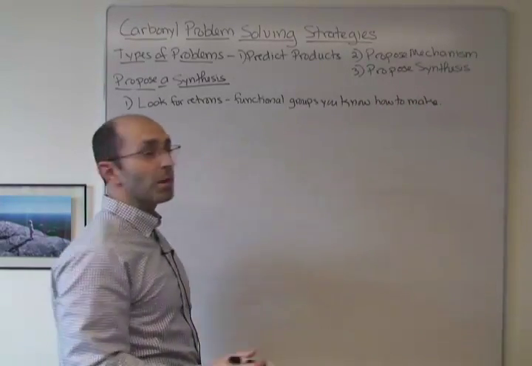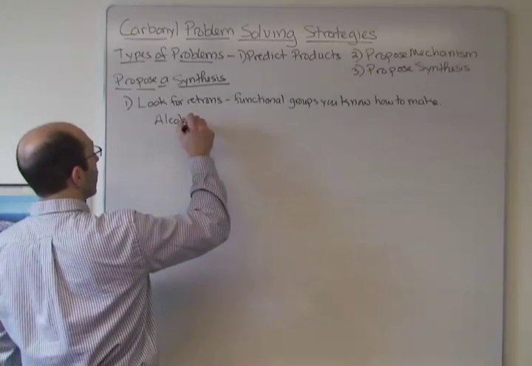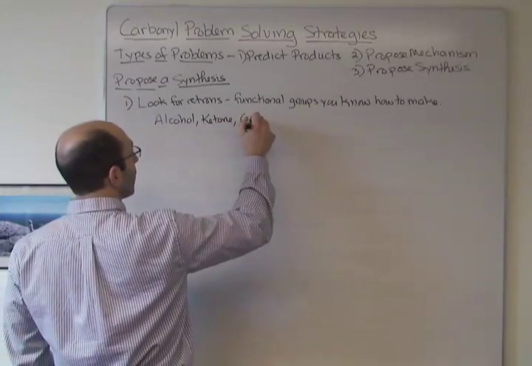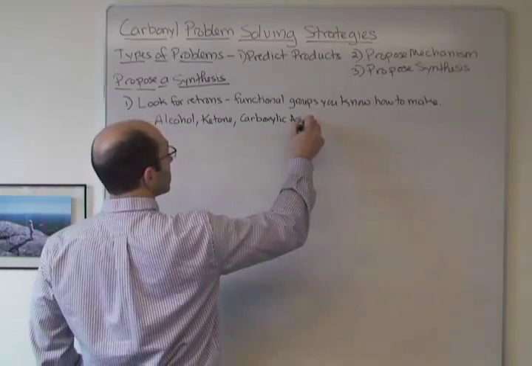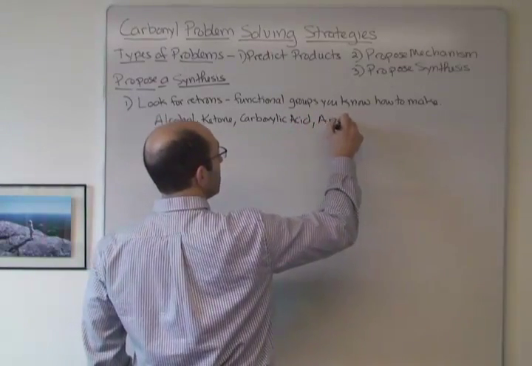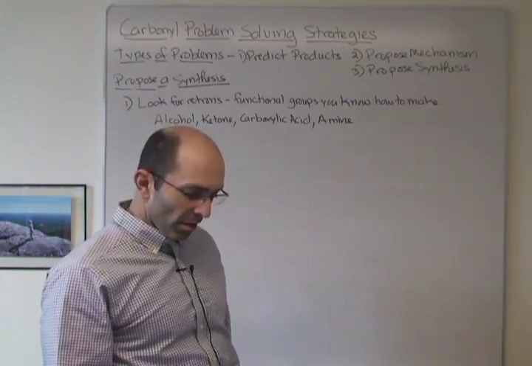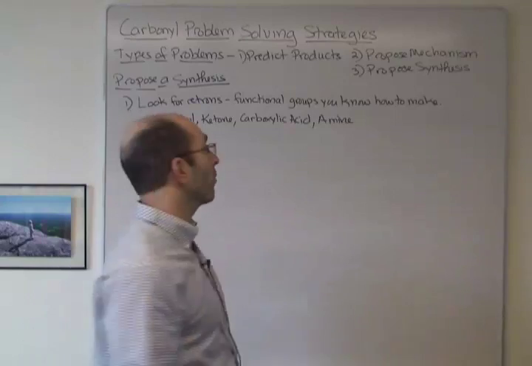Right, so for us right now, we know how to make alcohol, ketone, carboxylic acid, and amine functional groups, right? And the key thing here is that we must know the reactions that we've learned backwards, right?